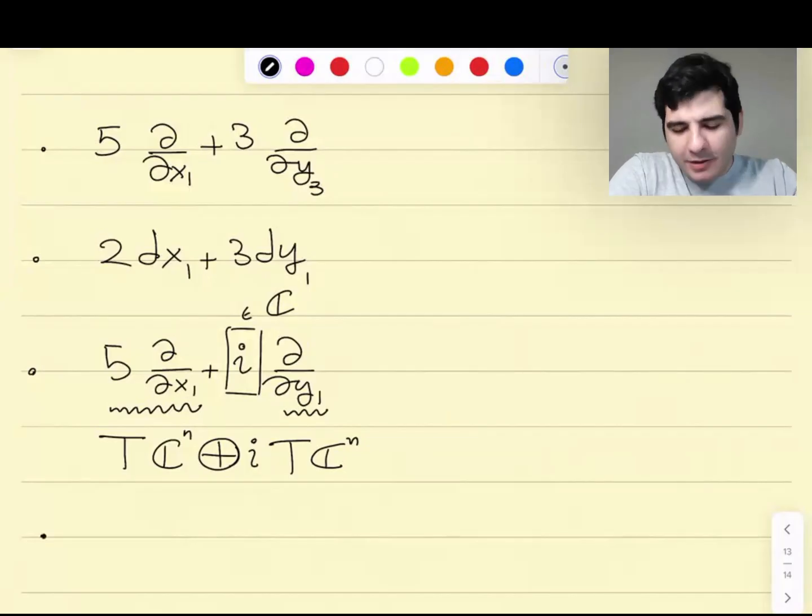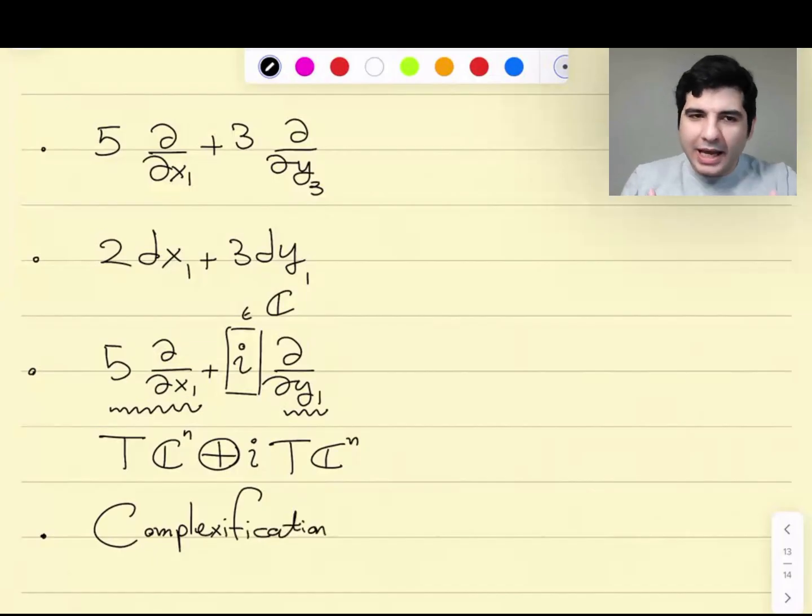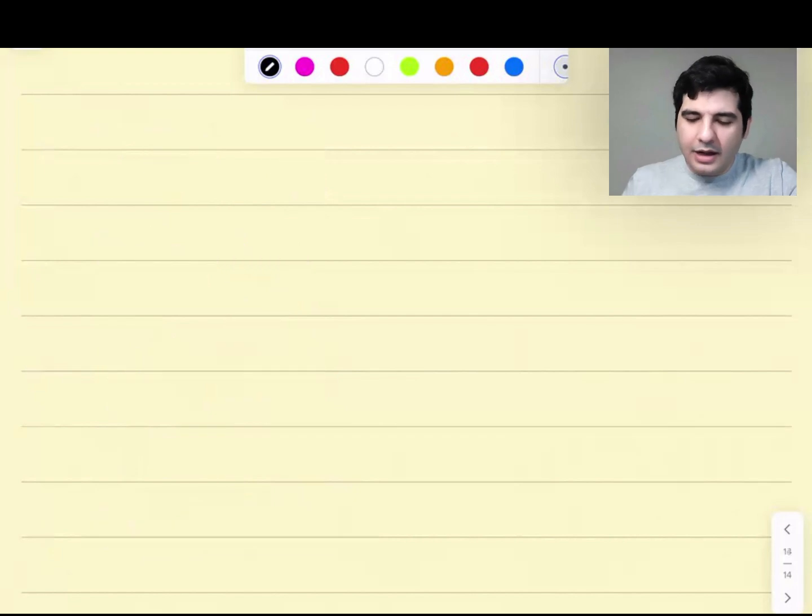Without making the subject very abstract, this is an element of something called the complexification of the vector space, which we would discuss more in the future. But we can allow such linear combinations.